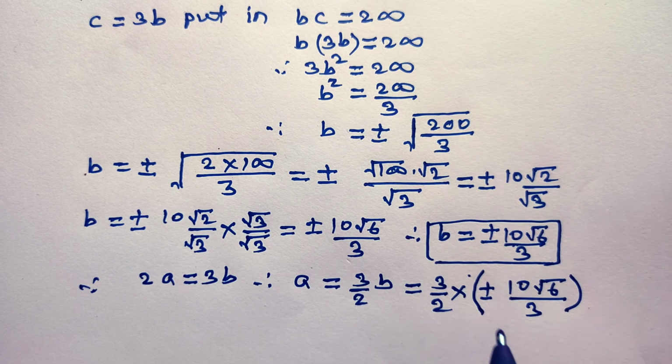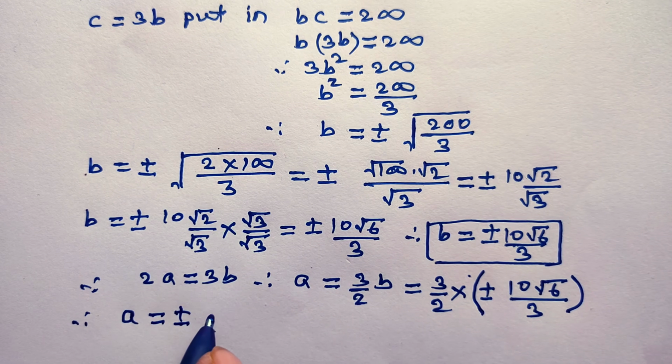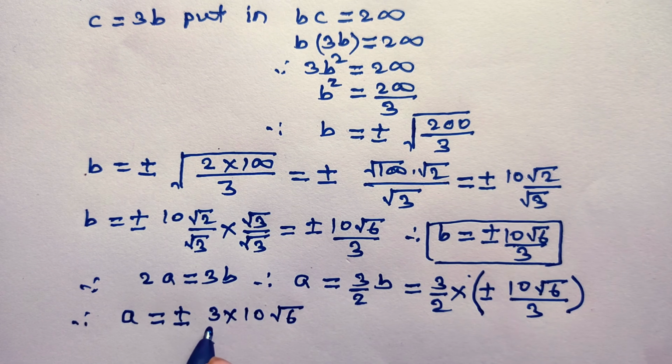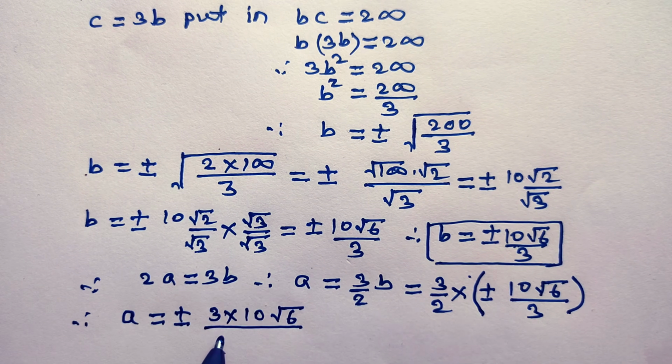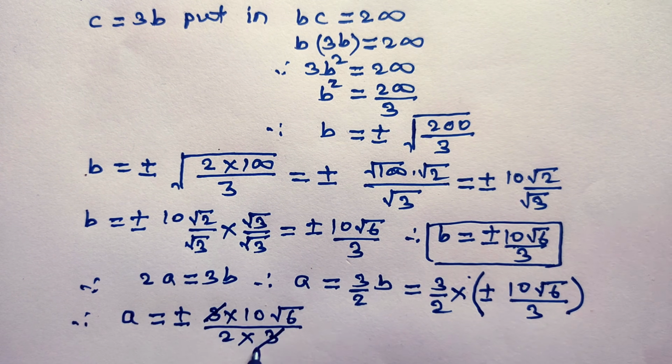So here A is equal to, we can write, plus or minus 3 into 10 times root 6 divided by 2 into 3. 3 gets cancelled.